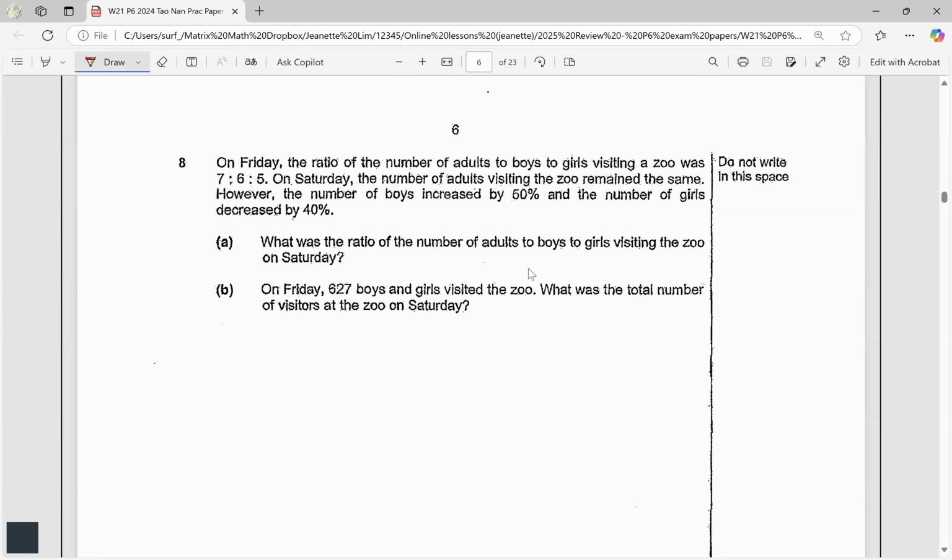So let's start off with Friday. We have the ratio A to B to G, 7, 6, and 5. Now, I have an increase by 50%. 50% is half. 40% is 2/5.